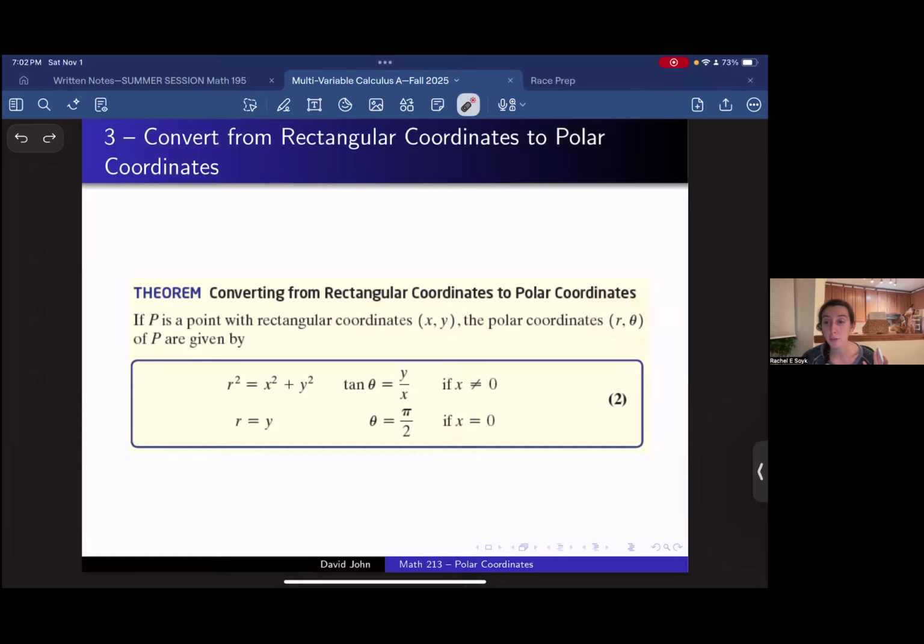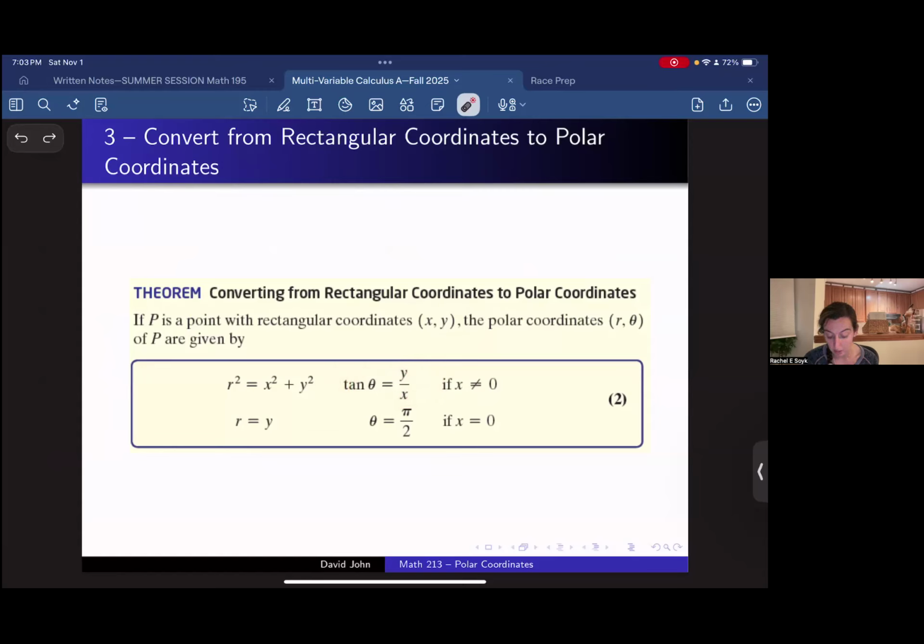We're very familiar with this at this moment in the lesson. And our r squared is equal to x squared plus y squared. And then we have, okay, we're dealing with a circle centered from the origin. And so our tan theta is just simply our y over our x.